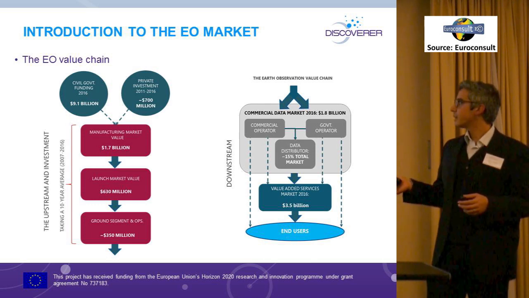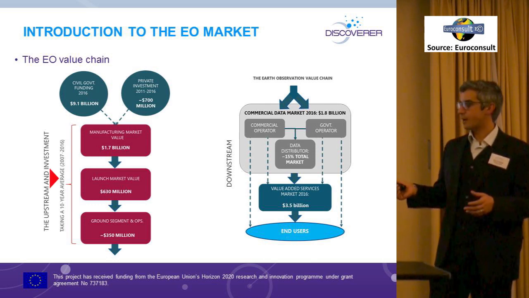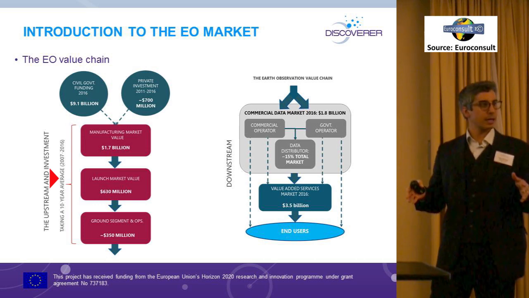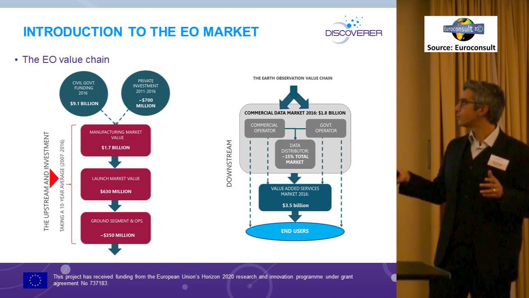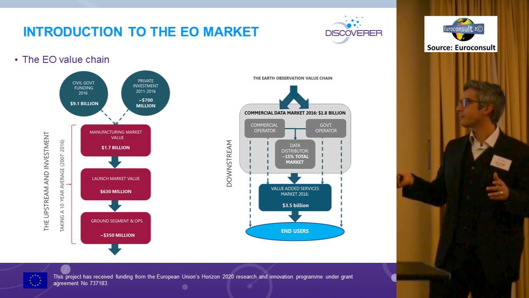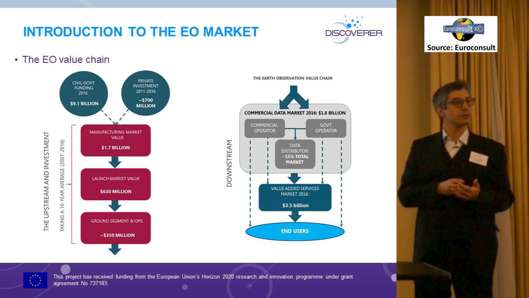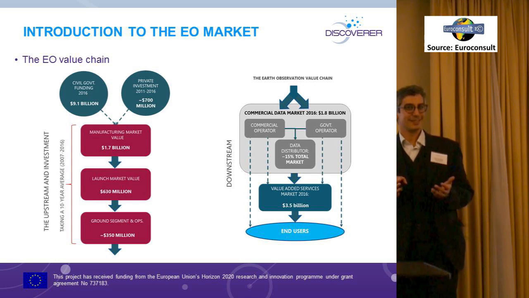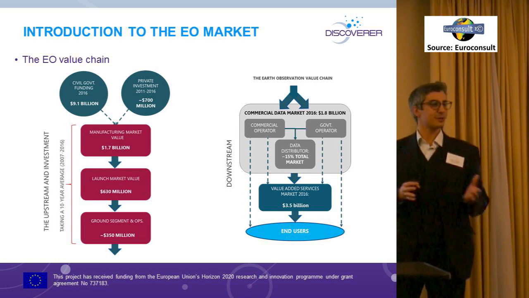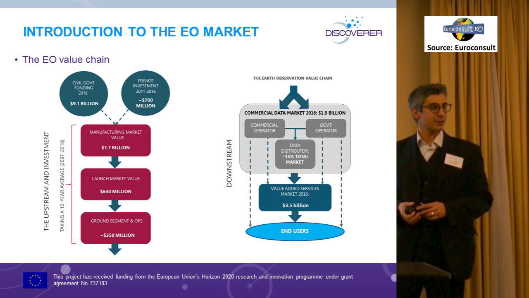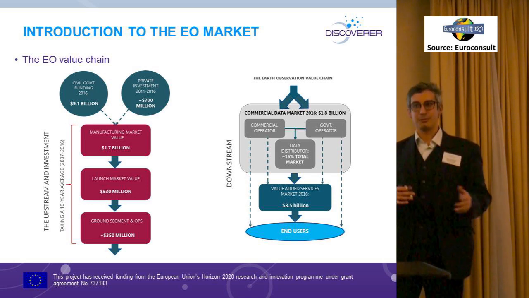So basically, this is an average. We have taken an average of the last 10 years to derive these figures. Why? Because, as you know, one satellite is not paid at one time. And one satellite can vary from some tens or hundreds of thousand euros up to some hundreds of million euros.